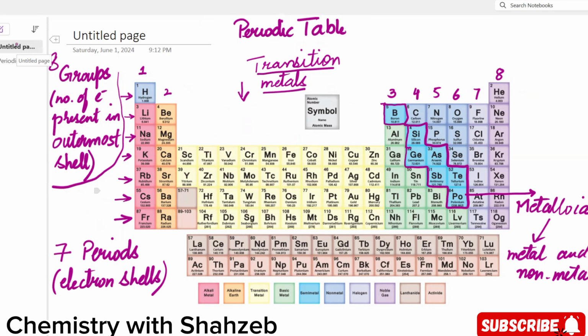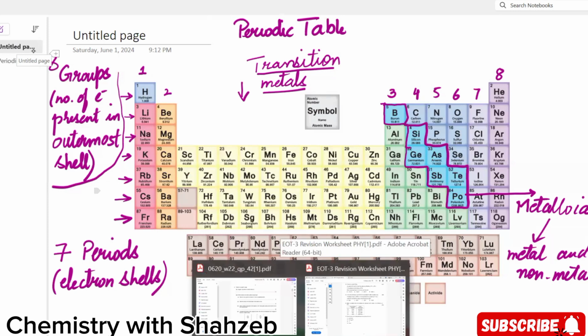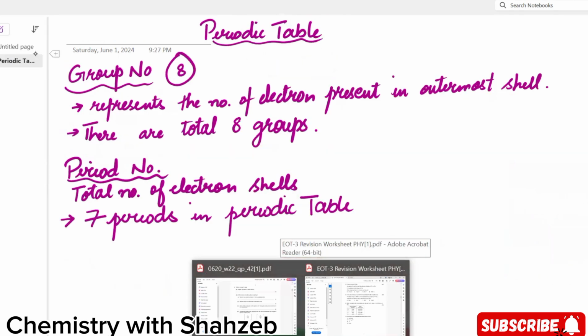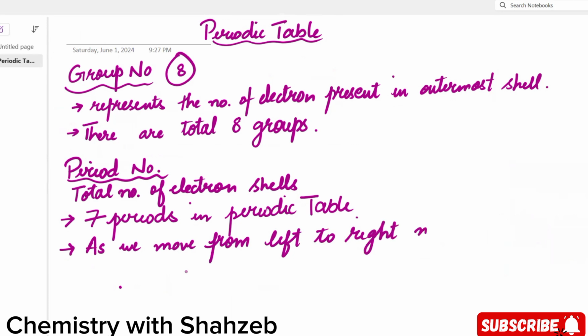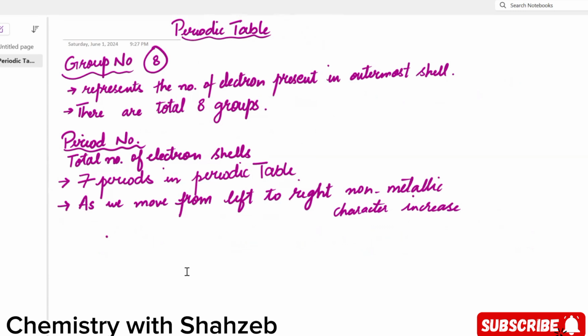So as we move from left to right, non-metallic character increases.